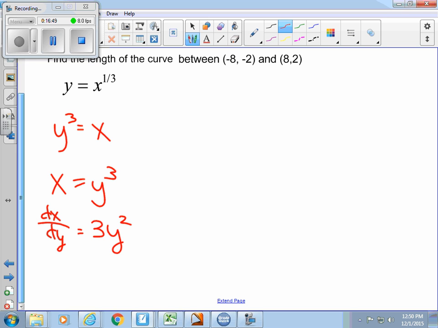And so my integral would be the square root. What's the formula? 1 plus the derivative squared. Now in this case it's dx over dy instead of dy over dx.